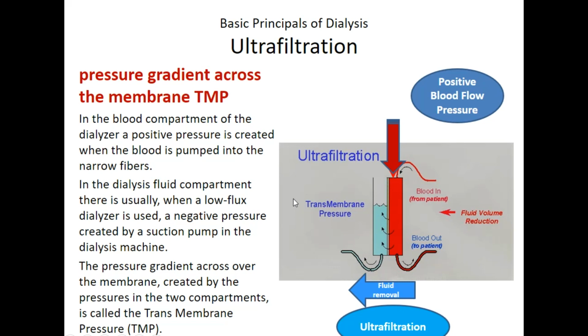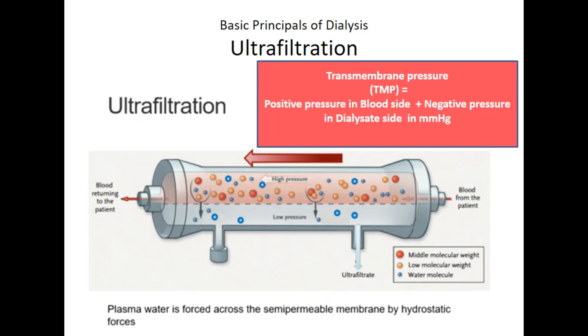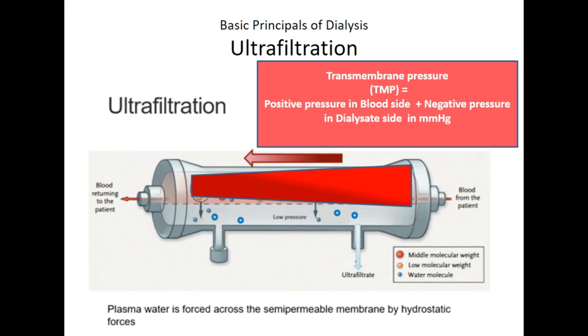So fluid moves from the blood side to the dialysate side, and this is clearly obvious in low flux dialysis. The pressure gradient created is the transmembrane pressure. So while blood is moving, there is a transmembrane pressure which equals positive pressure in the blood side as well as the negative pressure in the dialysate side.